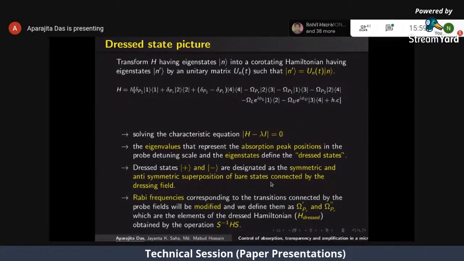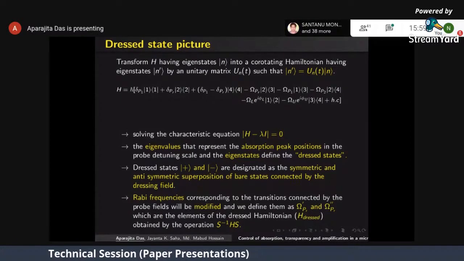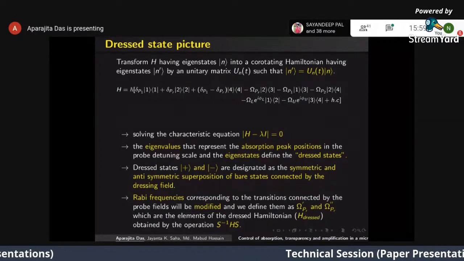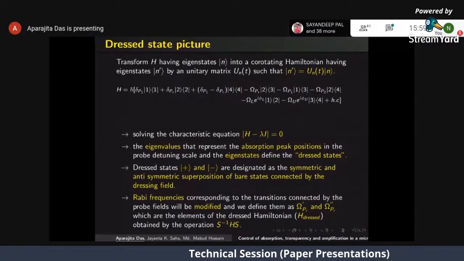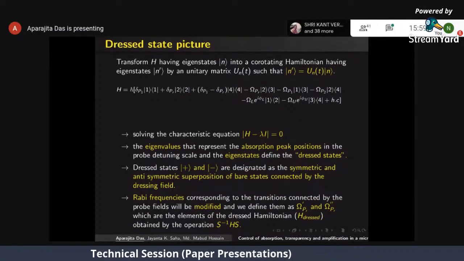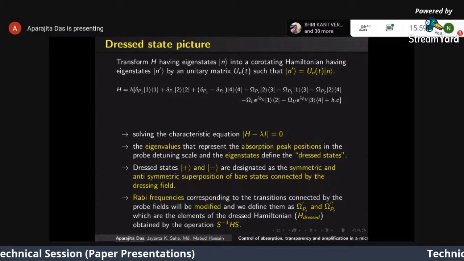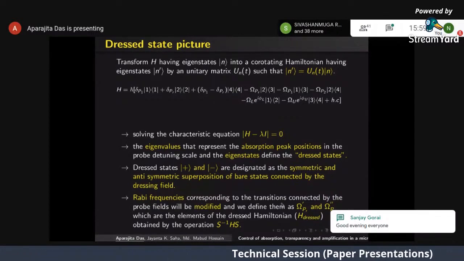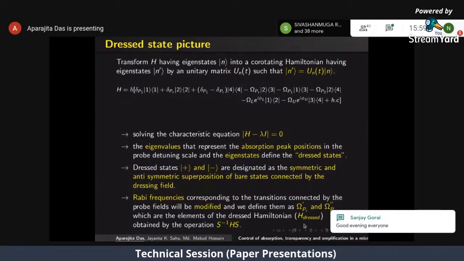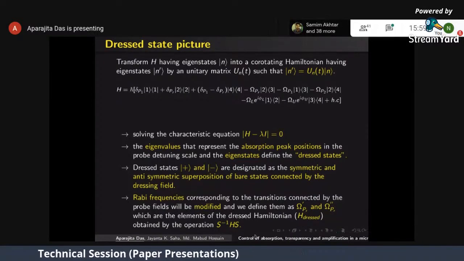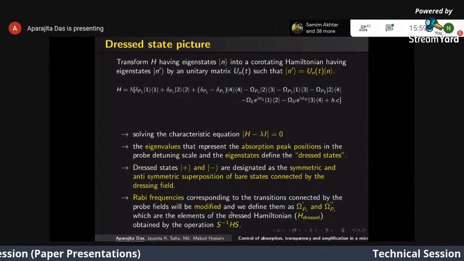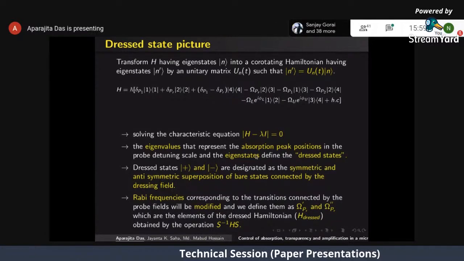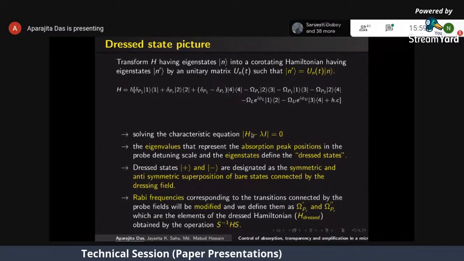Now it is clear that the probe is now connecting a bare state to a dressed state. So the corresponding Rabi frequencies connecting these states will also change, and we can get the modified probe Rabi frequencies by this simple symmetry transformation, where S is prepared by these eigenstates obtained from this equation.